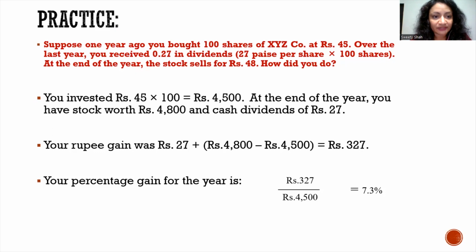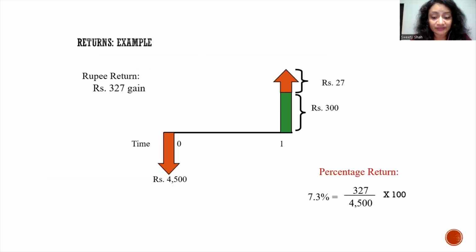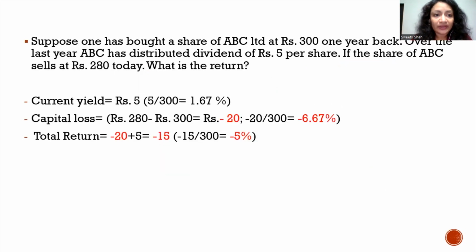Now, in the two examples that we discussed so far, we are having certain gain. But now we are going to look at one more example where, instead of gain or appreciation in the value of the stock or the asset, there is some depreciation in the value of the asset. So in this case, what would be the return?